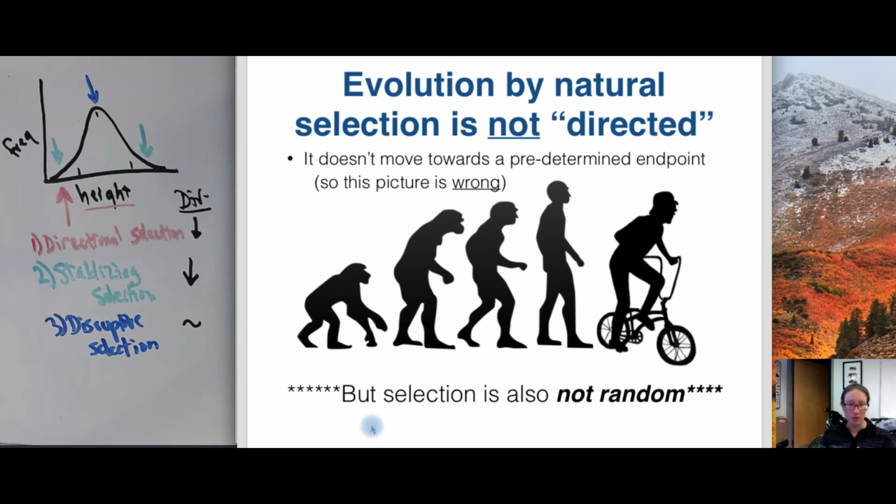And this picture showing a change from an ape to a human to a bicyclist is incorrect. That is not how evolution happens. But I hope I've also helped illustrate that selection is not a random process. Selection can move in a range of different directions in different contexts.